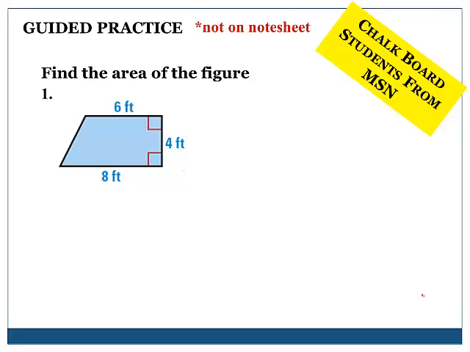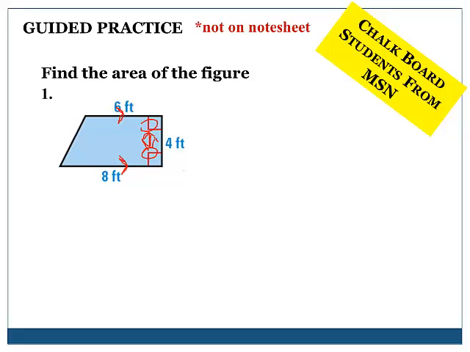Okay, so we have the next one. It says find the area of the figure. We have to figure out what type of figure it is. Just looking at it, you could probably see it's a trapezoid, and the reason is that these two angles are right angles. That makes these parallel because the two interior angles are supplementary.